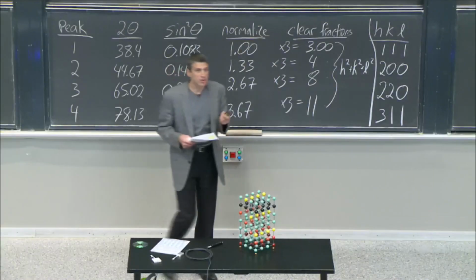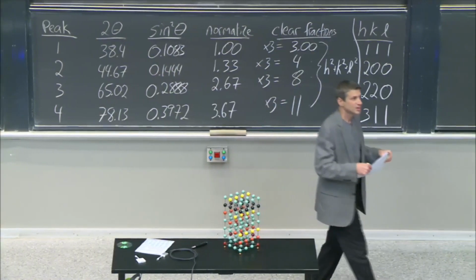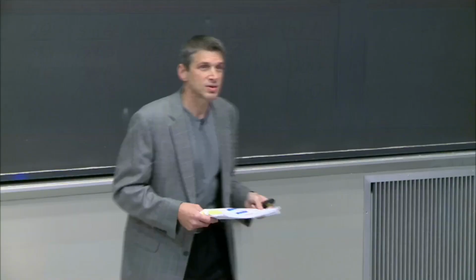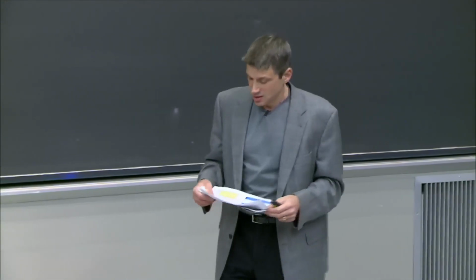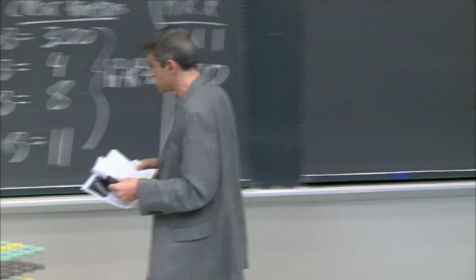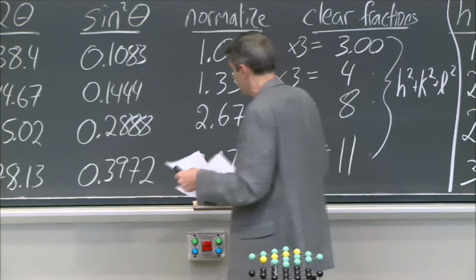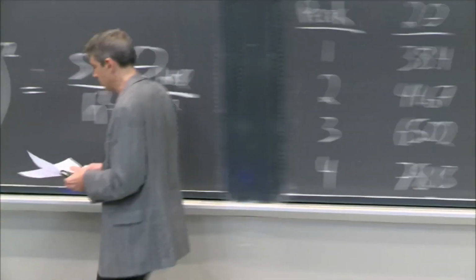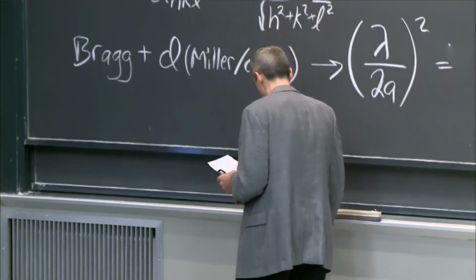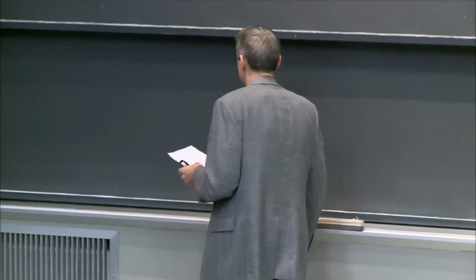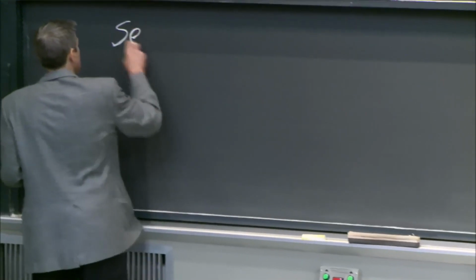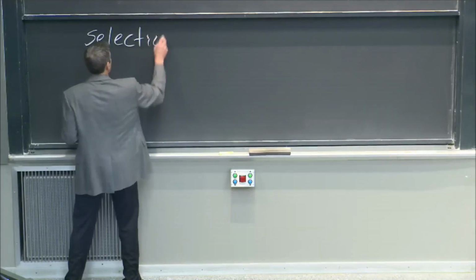What else did we learn on Wednesday? We learned about selection rules. You got to remember the selection rules. Those factor in. So let's write those down here. Let's remind ourselves, that's important. Now, I mentioned how this came about.